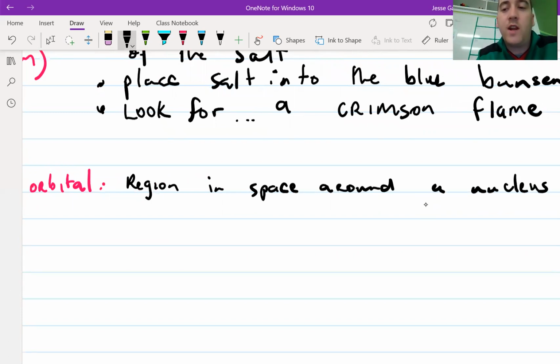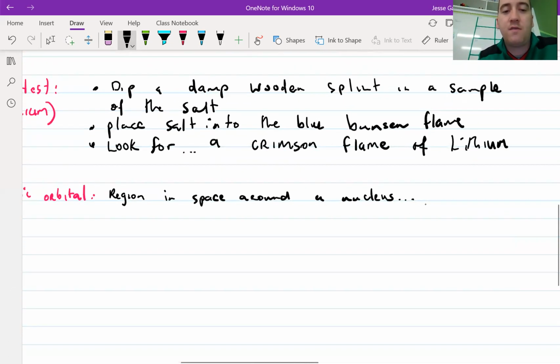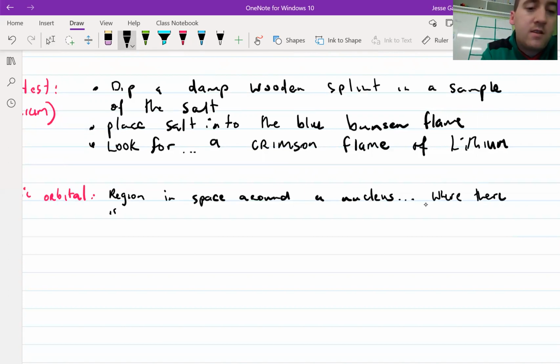If you weren't able to do this, maybe now I've got you started, you can pause the video and finish it off. Okay, so it's a region in space around the nucleus where there is a high probability.